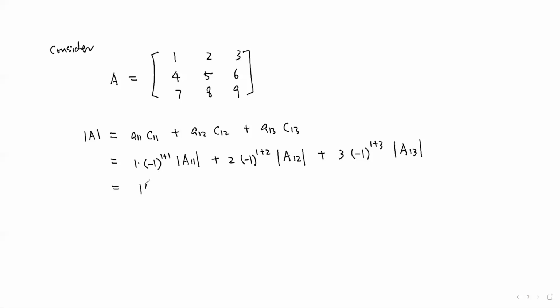Second term, negative 1 to 1 plus 2, negative 1 to the third, negative. So minus 2 times the determinant of A12. Then the third term, the sign is negative 1 to the fourth, positive 1.